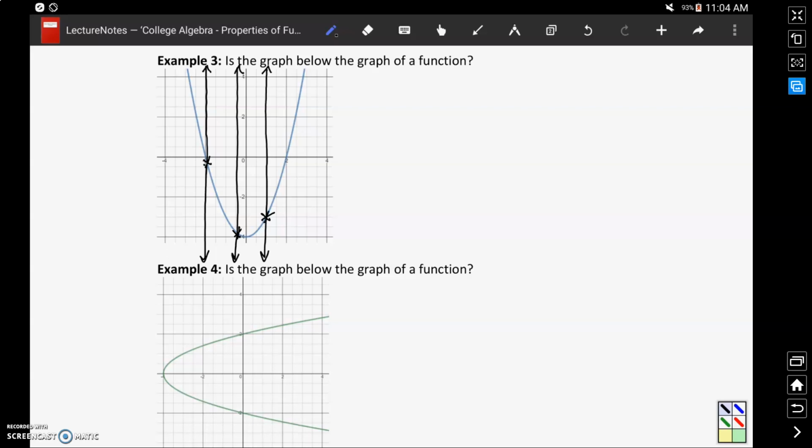Which is again really just reinforcing that idea of every x value only being paired with a single unique y value. So in this case, yes, we do have a function because it passes the vertical line test.